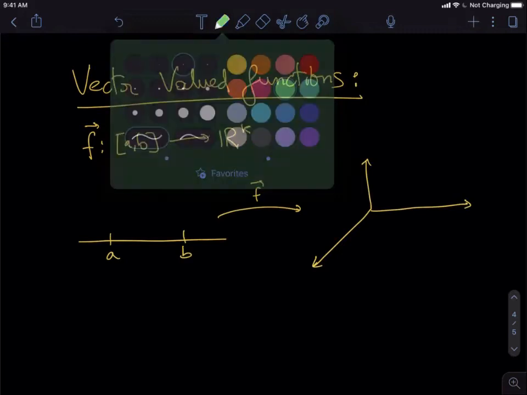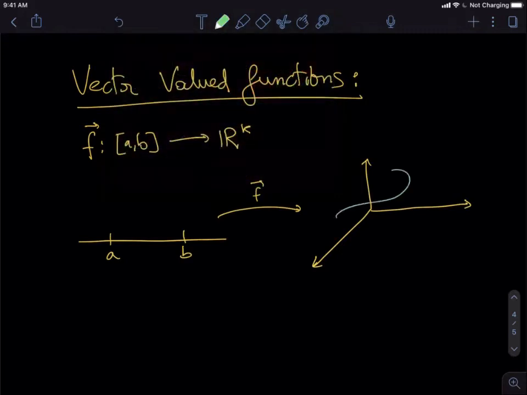So it's being mapped to some path in 3D. Okay, it could be the fly moving, or a bee, the way it moves in space, the trajectory of the flight.